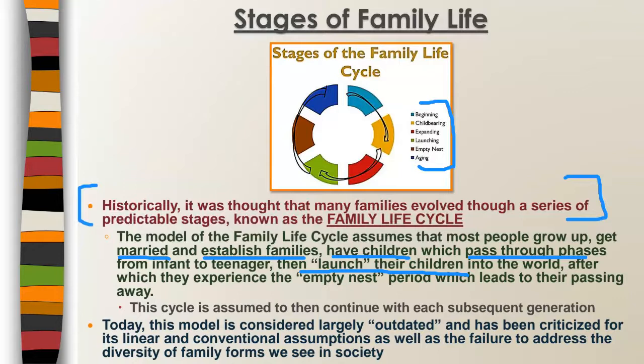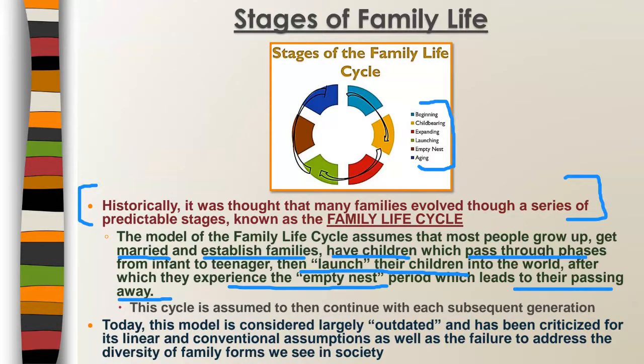And after that, they experience the empty nest period, and that leads to their eventual aging and passing away. And then the cycle continues with their children who go through the same stages, and so on and so forth for all of human history.